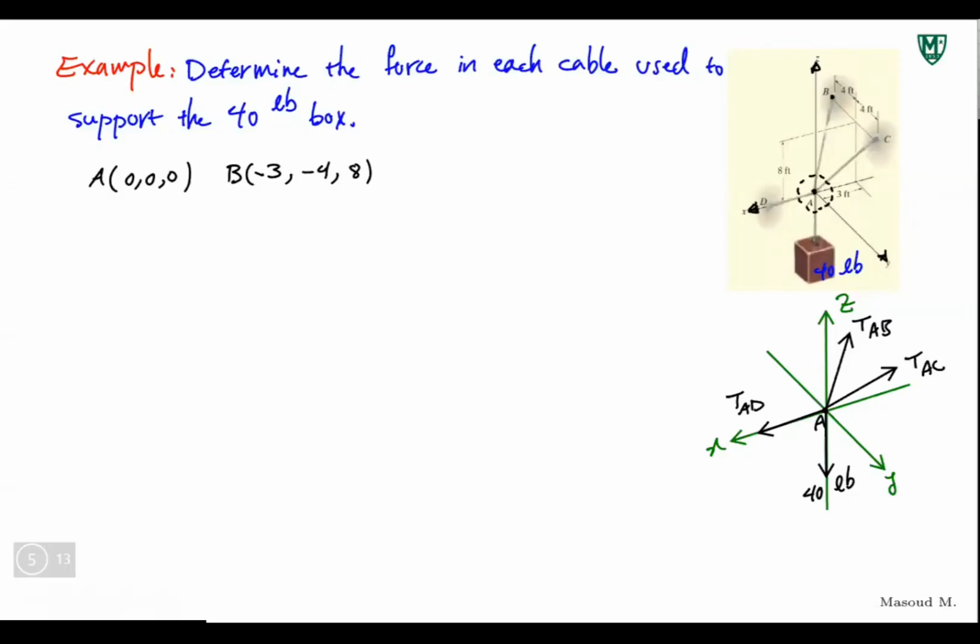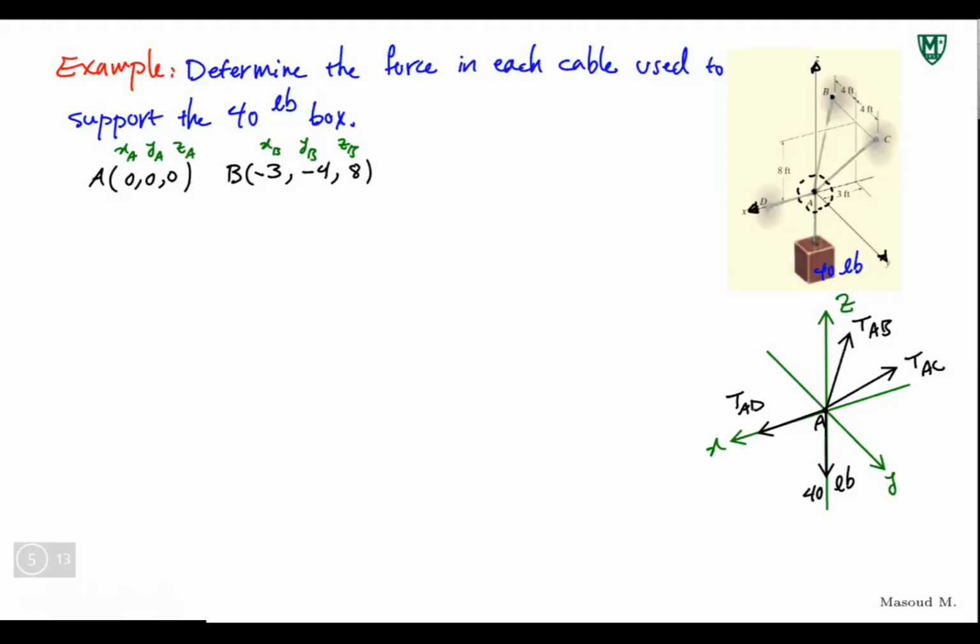So now I have the coordinates. Remember how I did this? If you take a look at your notes, I formed the vector from A to B by subtracting each component of point A from point B. This one was XB, YB, ZB, and this is XA, YA, ZA.